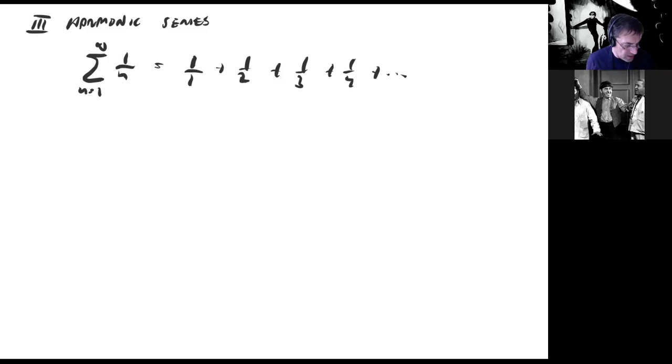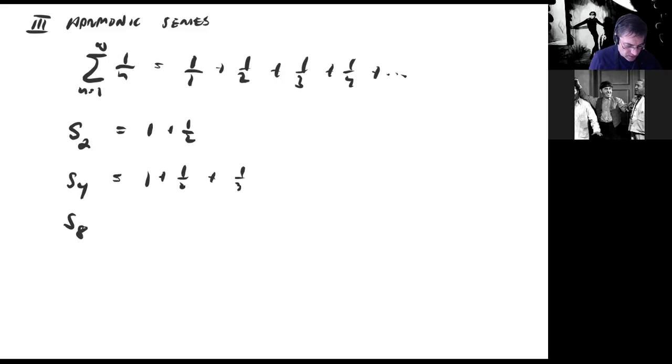So let's write down certain partial sums. I'm going to look at the partial sums of powers of 2. So S2, I want to compute a bound for S4, S8, and so on. S2 is 1 plus a half, adding the first two terms. S4 is 1 plus a half plus a third plus a quarter.